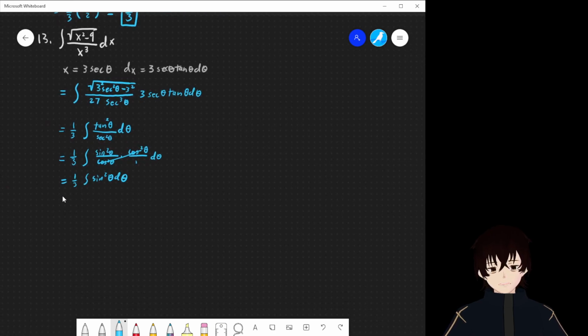I get the feeling it's not gonna be this easy. So it's gonna be equal to 1/3 times 1/2 times 1 minus cosine of 2 theta d theta. So it's 1/6 times theta minus 1/2 sine of 2 theta.